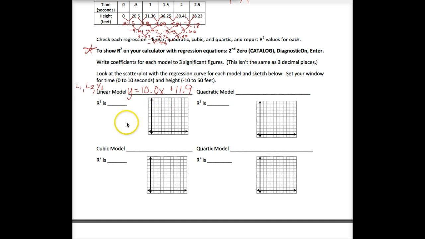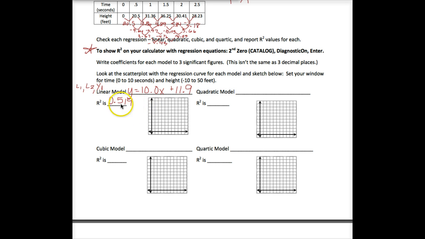Our R-squared value, you can see it displayed there if you went through this up above like I instructed. So I'm going to round to 3 significant figures here. Remember, the 0 before the decimal point is not significant, so 0.519. Now, I will tell you that even if it says to round to 3 significant figures, sometimes on R-squared, you're going to have to go past that to see a difference.